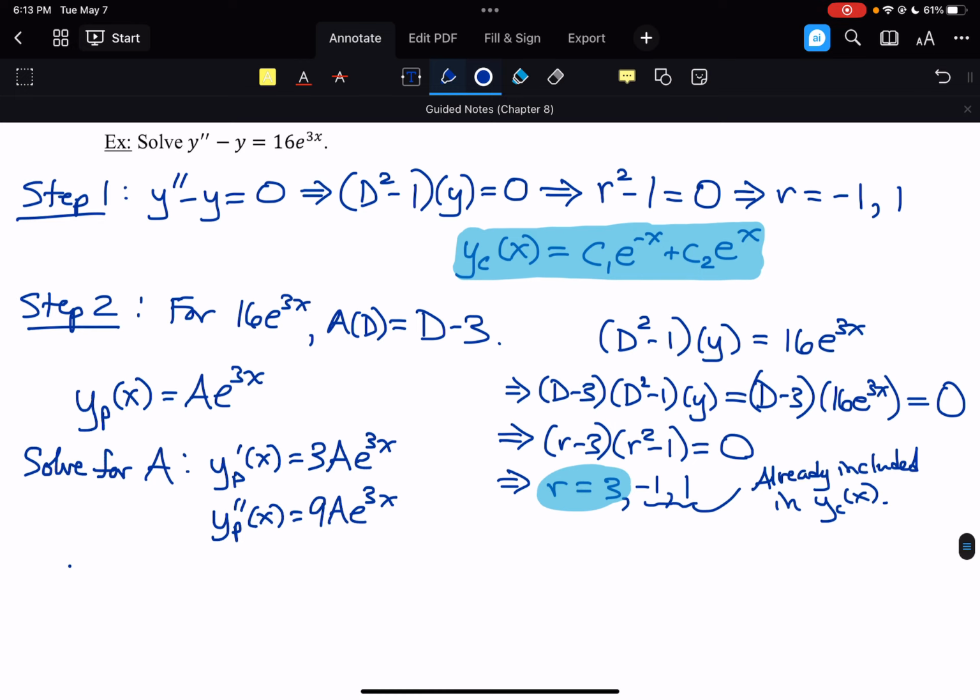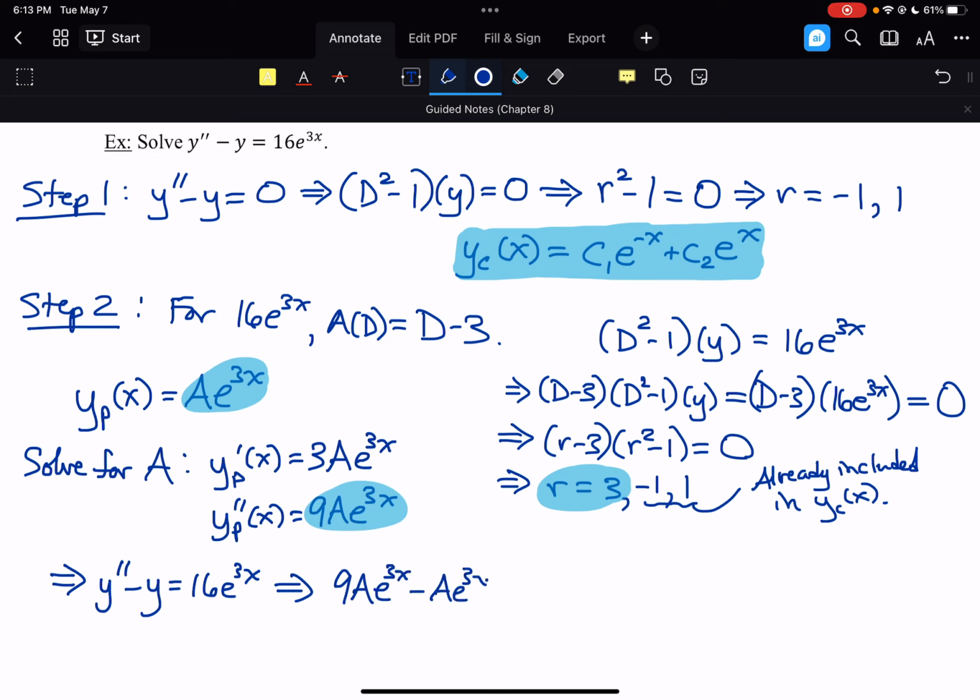So our differential equation was y double prime minus y equals 16 e to the 3x. We're going to sub this in for y double prime, sub this in for y. So we get 9a e to the 3x minus a e to the 3x equals 16 e to the 3x.